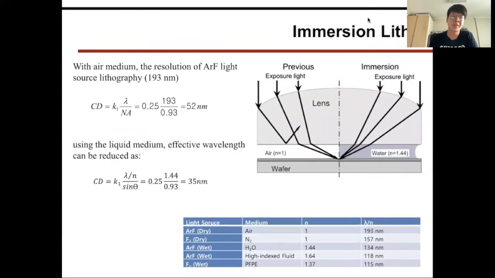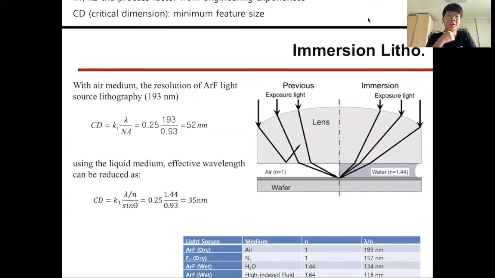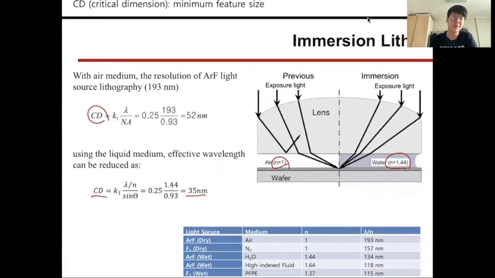And there is another technique, immersion lithography. Immersion lithography is used to minimize the critical distance using the difference in refractive index. By using a higher refractive index to shorten the critical distance, we can make finer, smaller scale patterns.